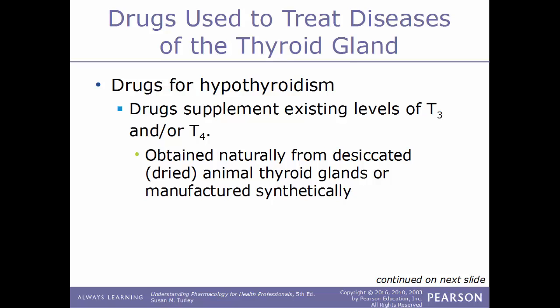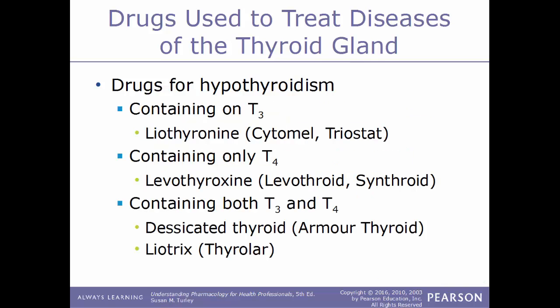One type of drug that a patient could take to treat hypothyroidism are drugs that will supplement the existing levels of their T3 or T4. These are obtained naturally from desiccated animal thyroid glands, or manufactured synthetically. The drugs used to treat hypothyroidism can contain only T3, only T4, or both of them.